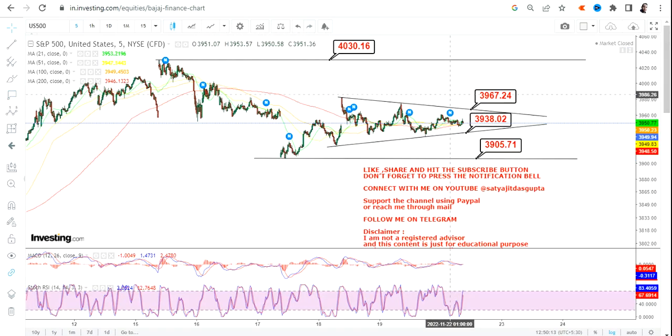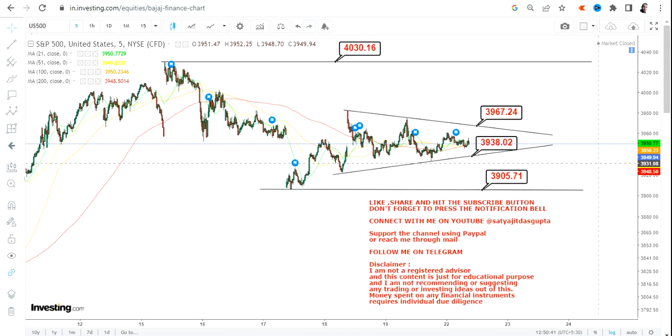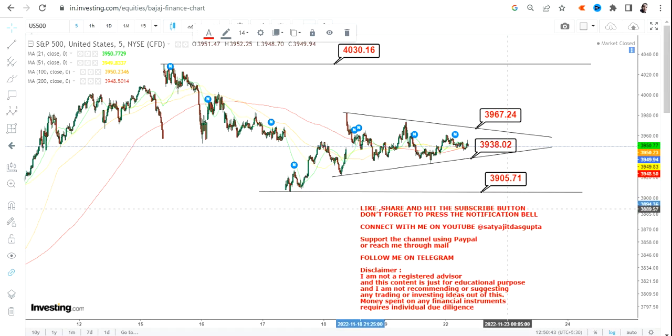So the two most important levels that we are going to look at are 3938 on the downside, which is going to be your support level, and 3967 or let's say 70 on the upside, which is going to be your resistance. So it would be better not to go below 3938, otherwise your journey for 3905 will start for the next couple of hours or for this trading session.